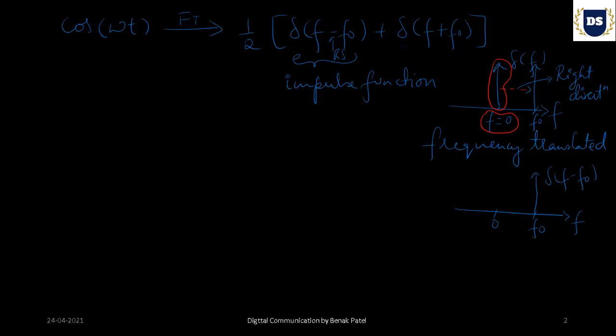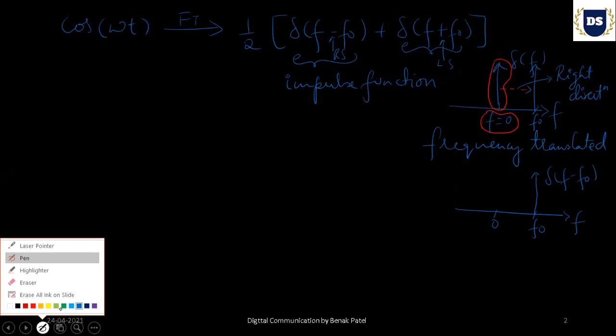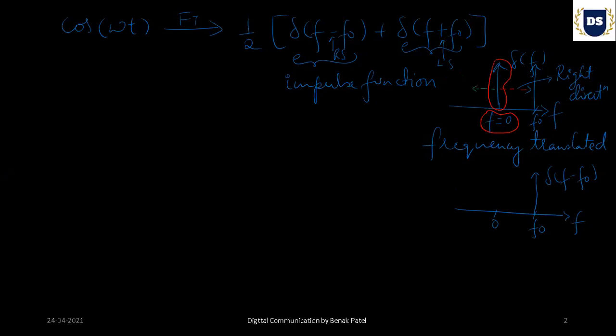Likewise, what can the other term be? This is delta f plus f naught. If negative is right shift, what is positive then? This positive sign indicates left shift. So I can think of delta f plus f naught as again a frequency translated signal, but the translation is in the left direction, such that I am trying to bring it around some negative frequency value, negative f naught.